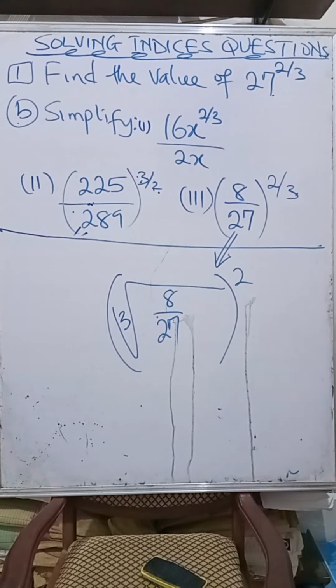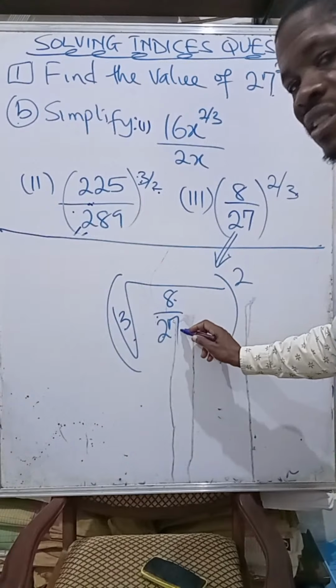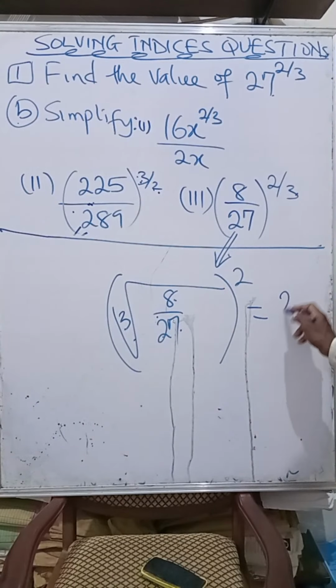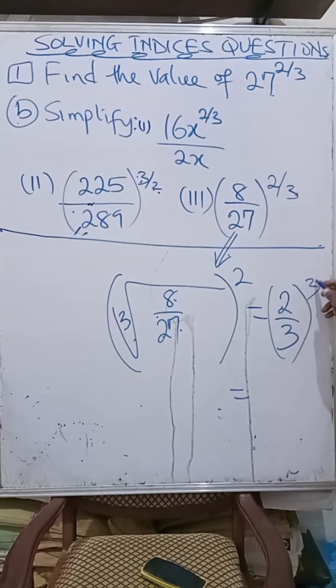So this is a cube root of 8 over 27, which is equal to what? 2 over 3 to power 3. And that will be equal to what? 2 to power 3, that's 8. 3 to power 3, that's 27. So that's the answer to that one.